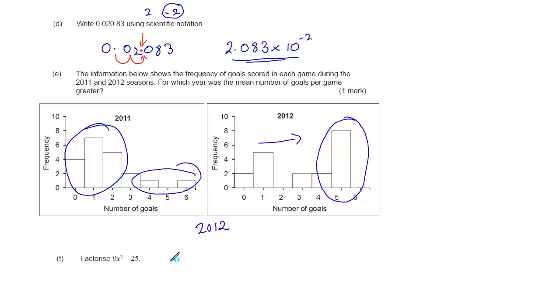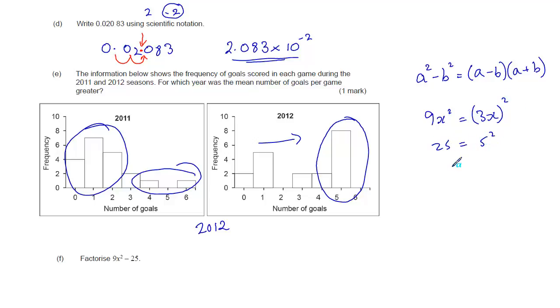Factorizing this expression, we should know the difference of 2 squares. If we have a squared minus b squared, you can always factorize that as a minus b and a plus b. So if we look at this, 9x squared is 3x all squared, and 25 is 5 squared.